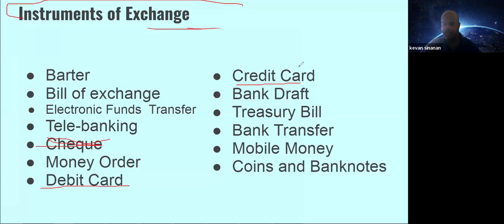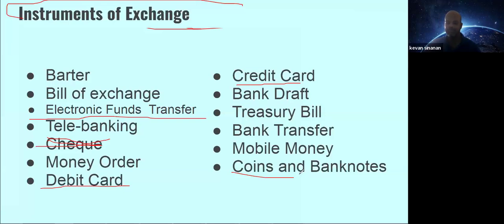So we remain with mobile money, telebanking, debit card, credit card, money order, or banknotes. We could say bank transfer, electronic funds transfer, coins and banknotes. You have to list three of them.